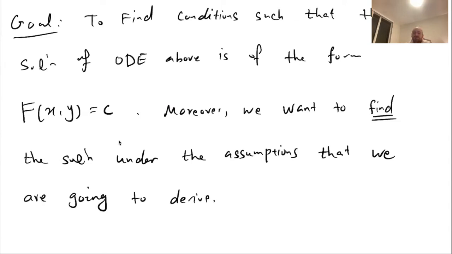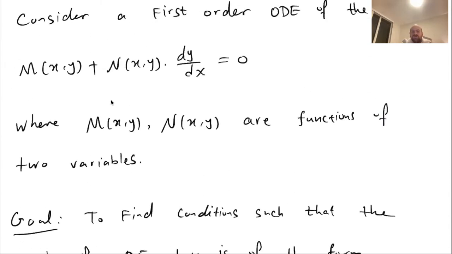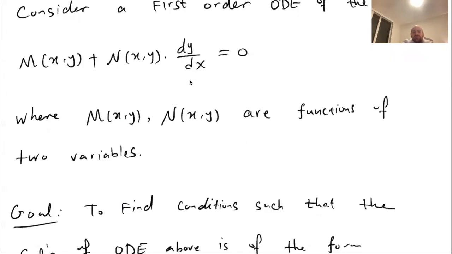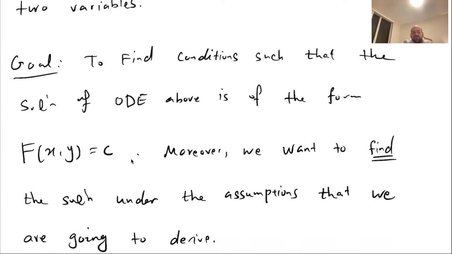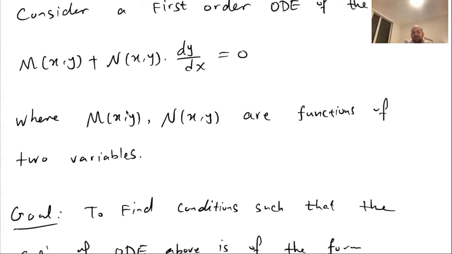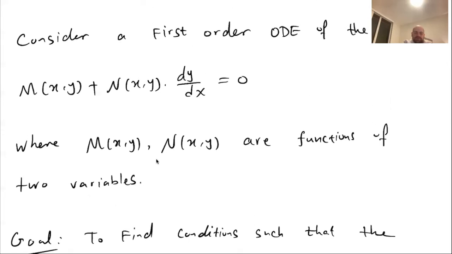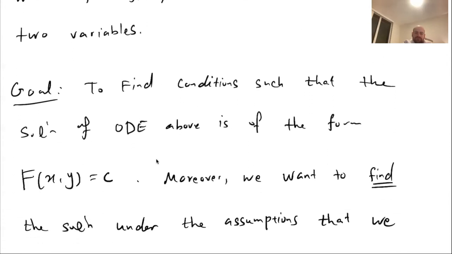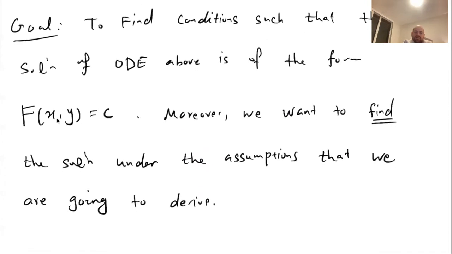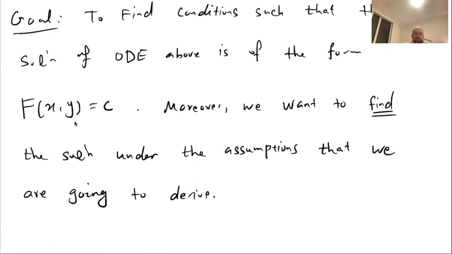We haven't found the assumptions yet. What type of assumptions do we need on M and N so that this equation has a solution of this form? We don't know it yet. But once we find out those assumptions, then we want to know under those assumptions, how can we find the solution of such a differential equation? Now we want this to be the solution of our equation.